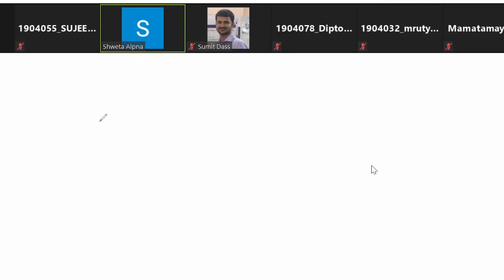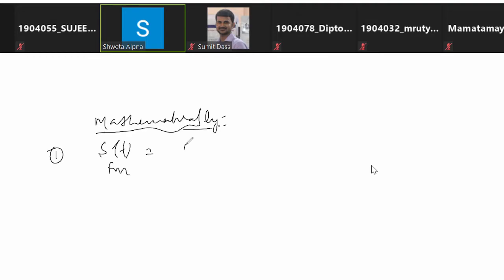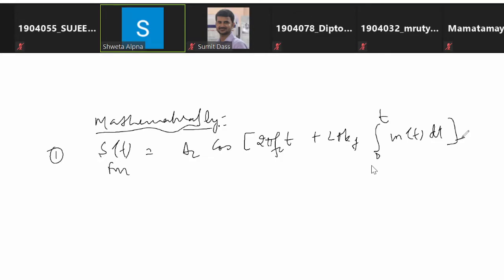Now we'll go through some mathematical equations of the frequency modulated signal. Mathematically, how do we represent a frequency modulated signal? There are three equations we have done in the class. The first equation is s(t) for FM is nothing but Ac cos(2π fc t + 2π kf ∫ from 0 to t m(t) dt). This is the most basic equation of FM, which you have already derived in the class.